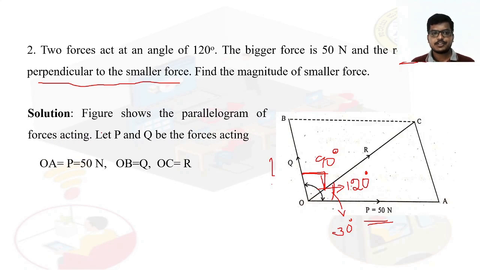From the figure, the parallelogram of forces is acting. Let P and Q be the forces acting. P is 50 Newton, and Q we need to find. So OA is equal to P, that is 50 Newton.